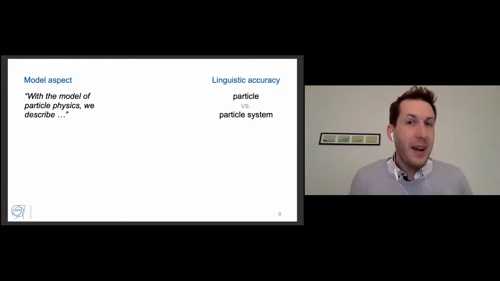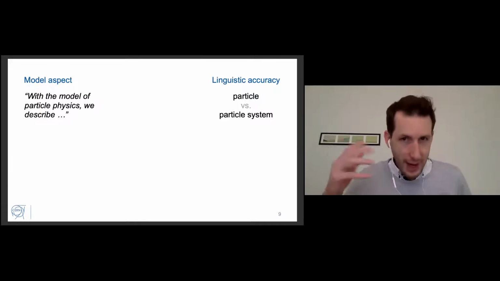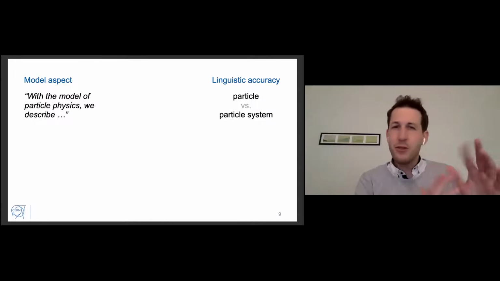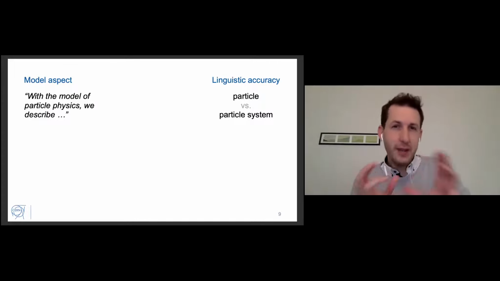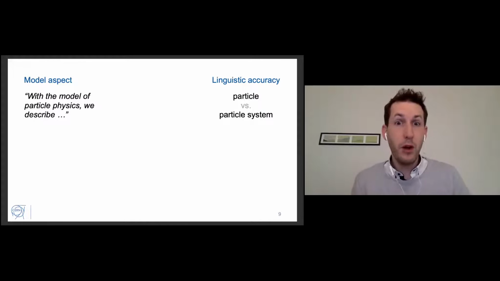The term particle itself, I mentioned at the beginning, is used in different areas, completely different. But in particle physics itself, it is also used in different ways. So for example, we call an electron a particle, but we also call the proton a particle.